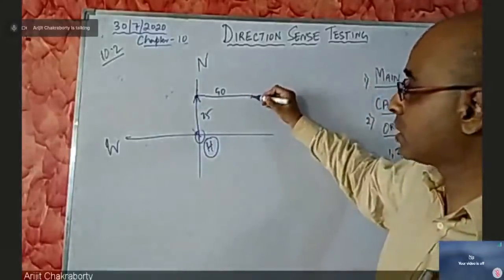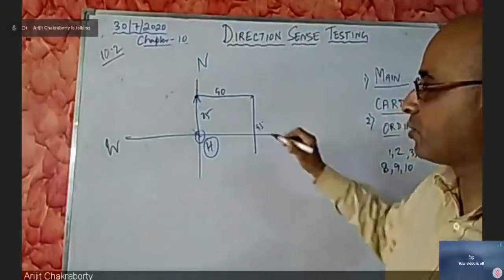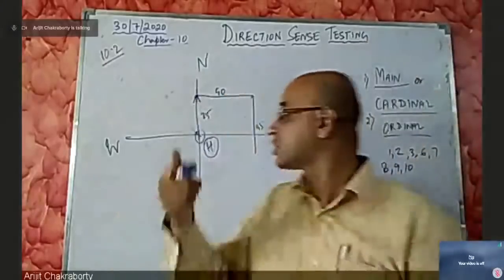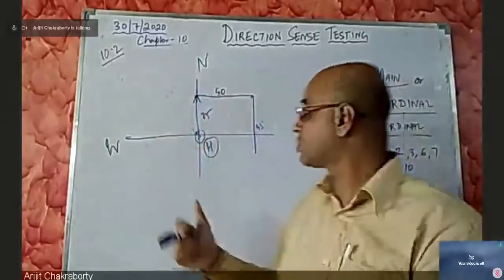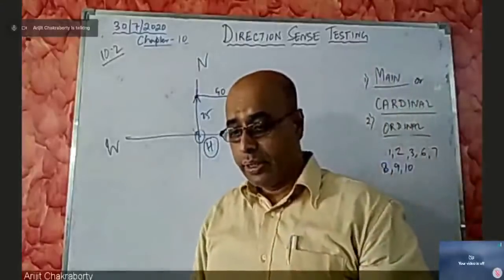So this is 45. 25 going up, 40 going towards the side, and then 45 feet coming down. Okay? I hope you got it correct.